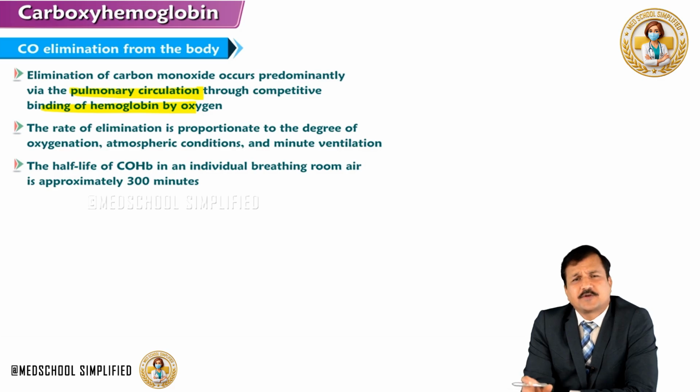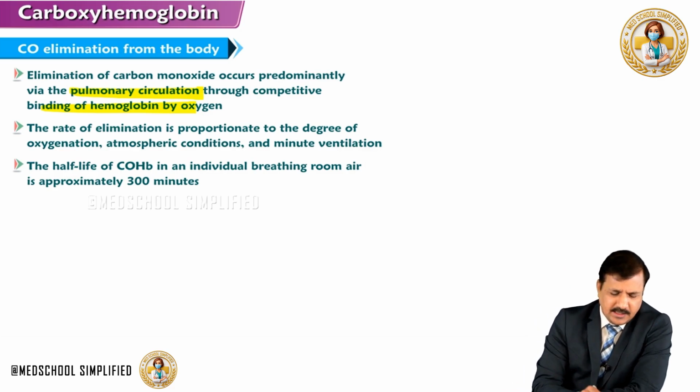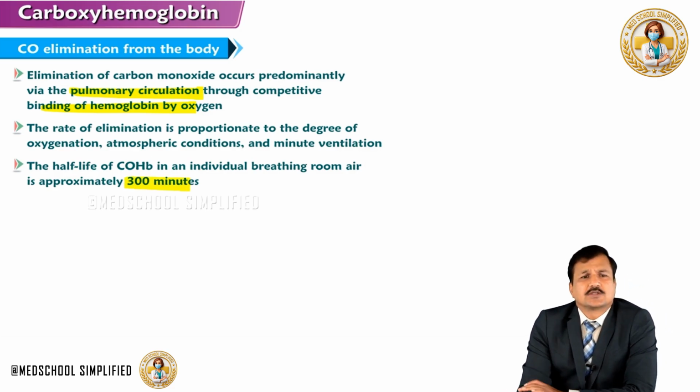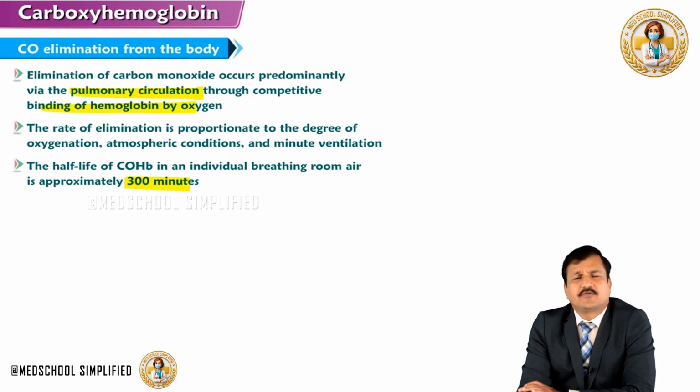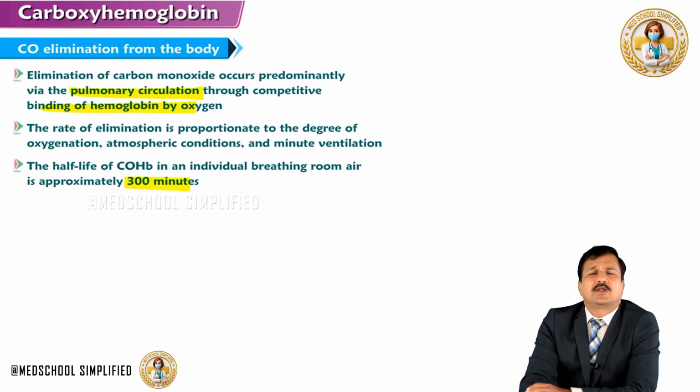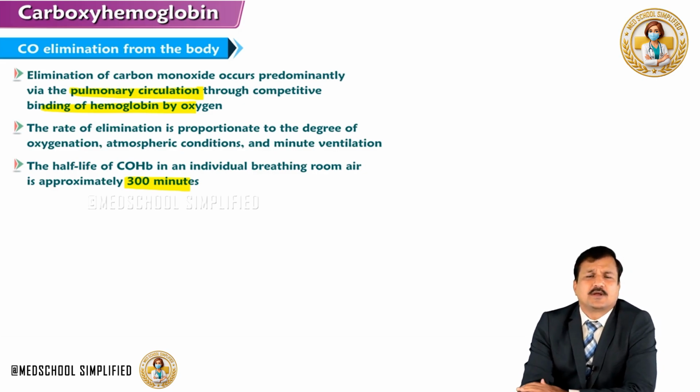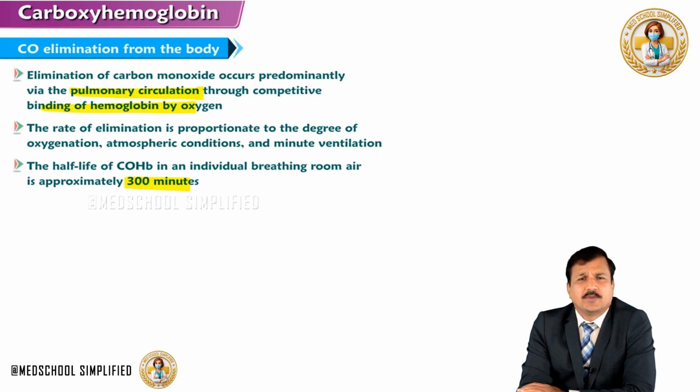The half-life of carboxyhemoglobin in an individual breathing room air is approximately 300 minutes. That means it takes around 300 minutes for carboxyhemoglobin to be eliminated from our body, especially when breathing room air.